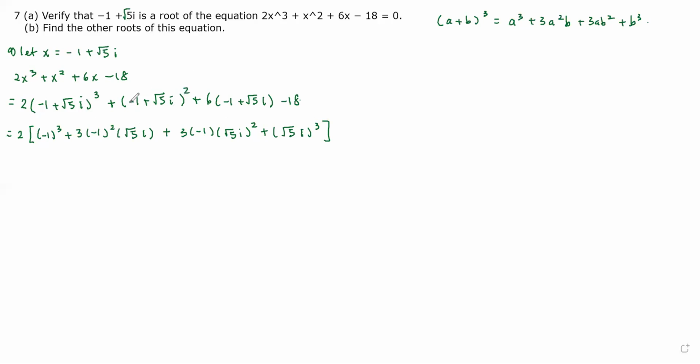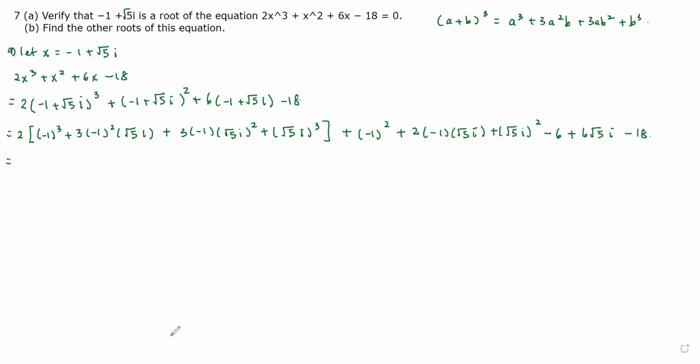And the square of -1 plus square root 5i is just the square of a binomial. So -1 squared plus 2 times -1 square root 5i plus square root 5i squared. Then we distribute the 6, -6 plus 6 square root 5i minus 18.